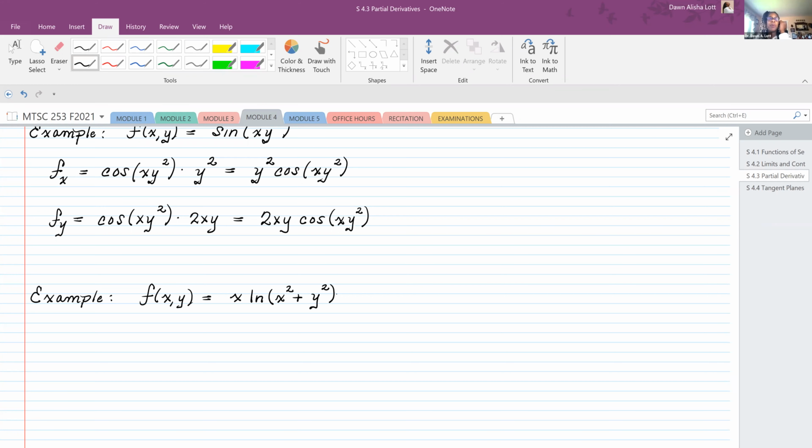But it's only a product rule for one of them. For f sub x, it is a function times another function. So I get the first times the derivative of the second, which puts x squared plus y squared in the denominator, and the derivative of what's inside is 2x, plus the derivative of the first, which is just 1, times the second.